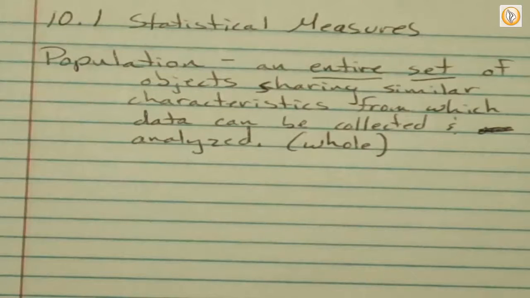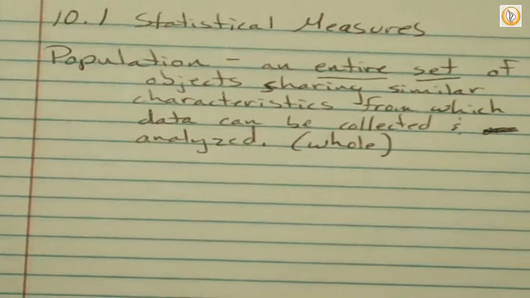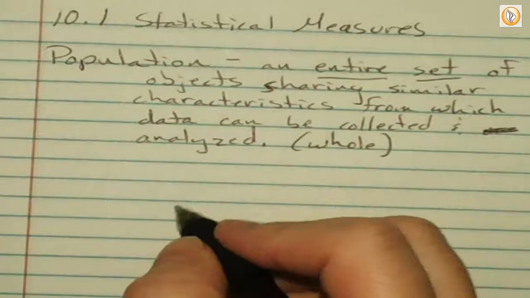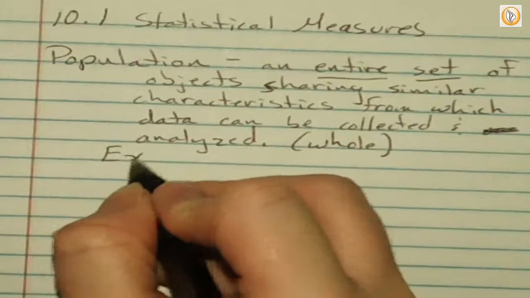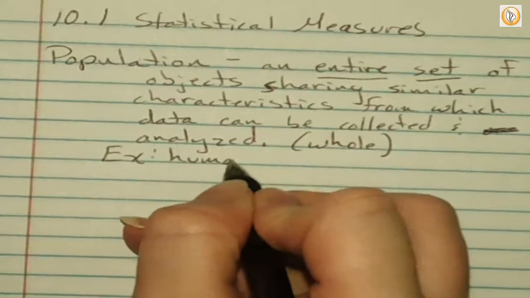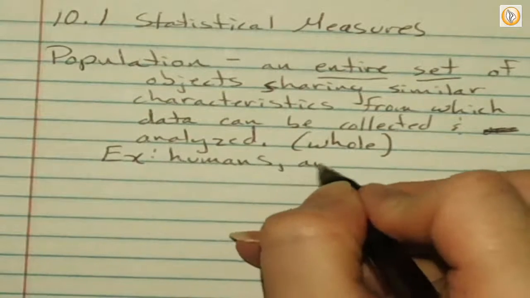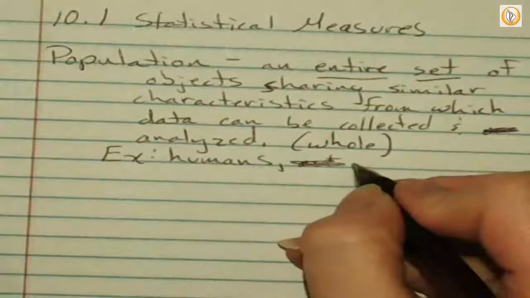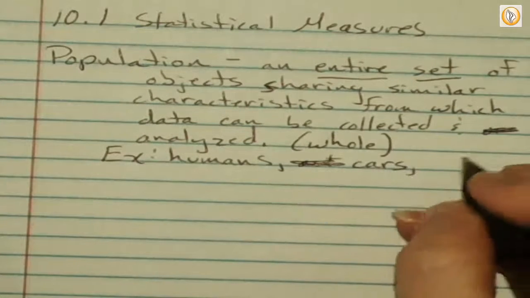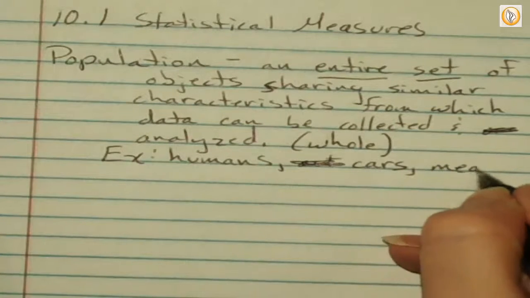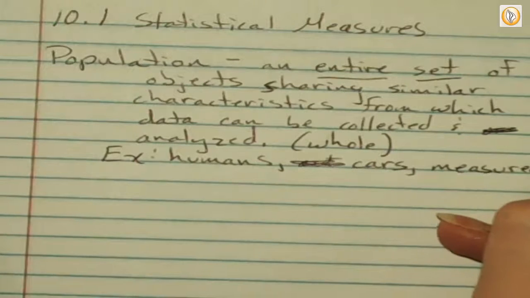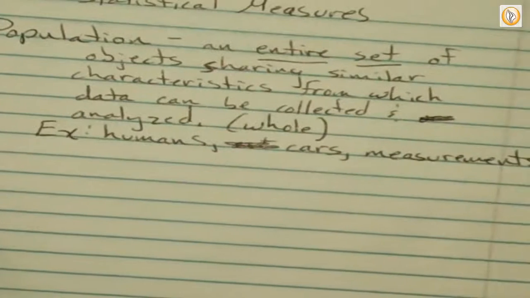All the boys in Pearland, let's say we're just in Pearland, that would be your population. I forgot to do the examples. Examples would be humans, automobiles, cars, measurements, etc.